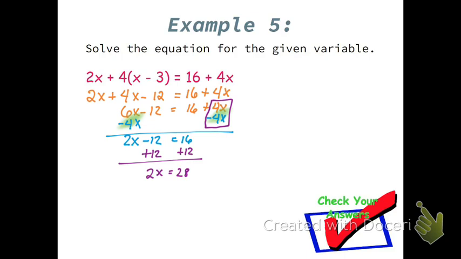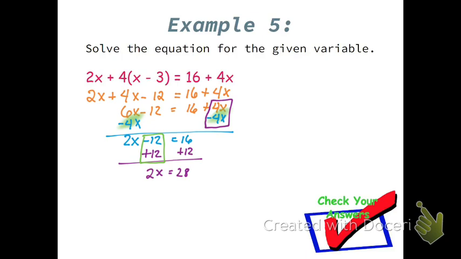On the left-hand side, when you did the negative 12 plus 12, that equals 0, so that is your additive inverse. And when you did 2x plus 0 and you got just 2x, that's your additive identity. On the right-hand side, when you did the 16 plus 12 is 28, that's your combining like terms.